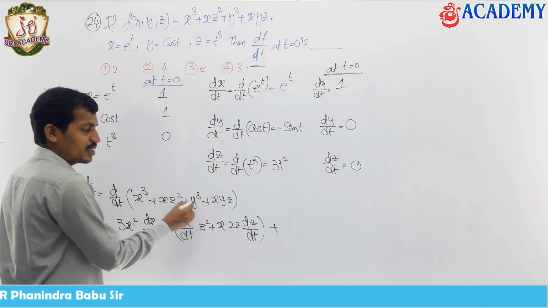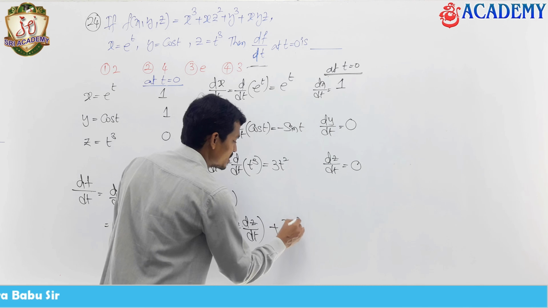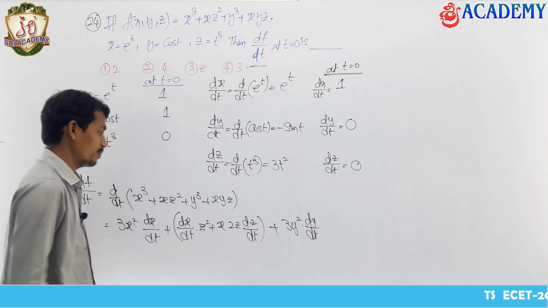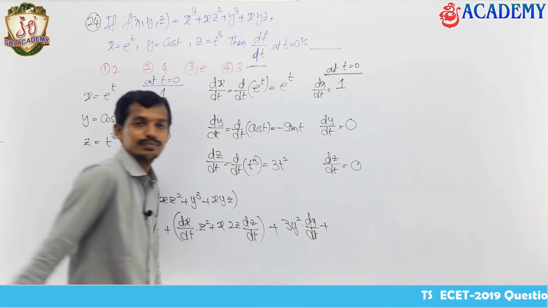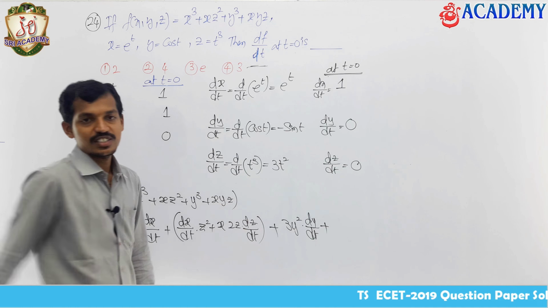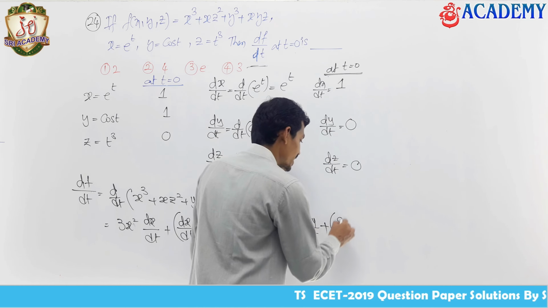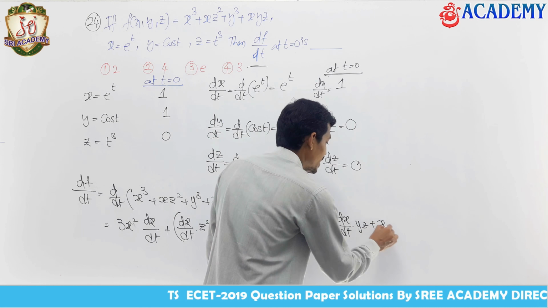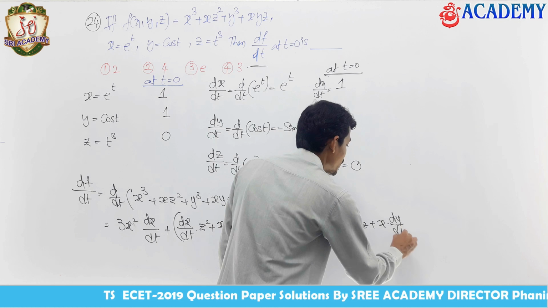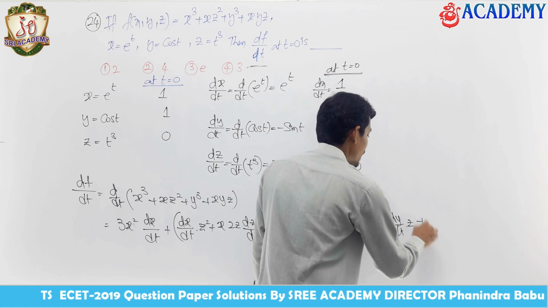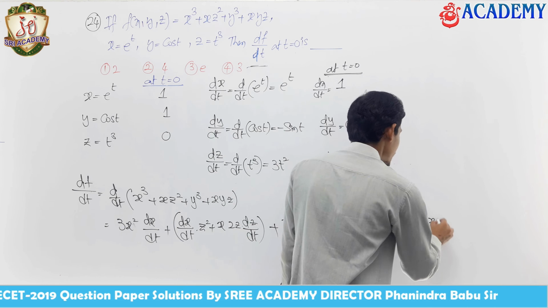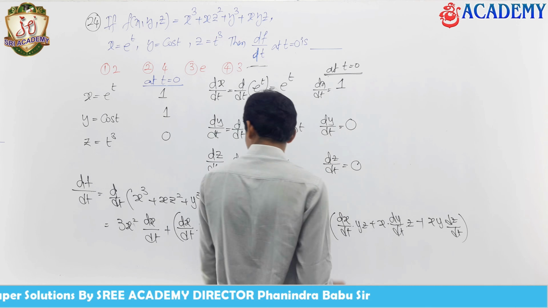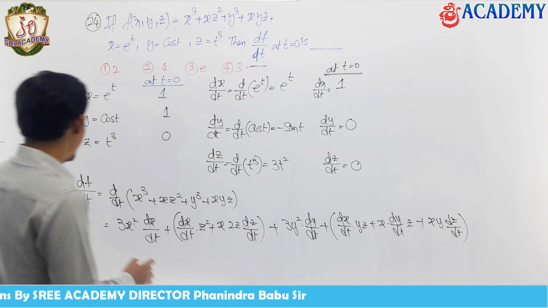Plus y cube differentiated gives 3y square into dy by dt, with respect to t. Plus the three functions separately: dx by dt into yz, plus x into dy by dt into z, plus x y into dz by dt. This is the total df by dt.